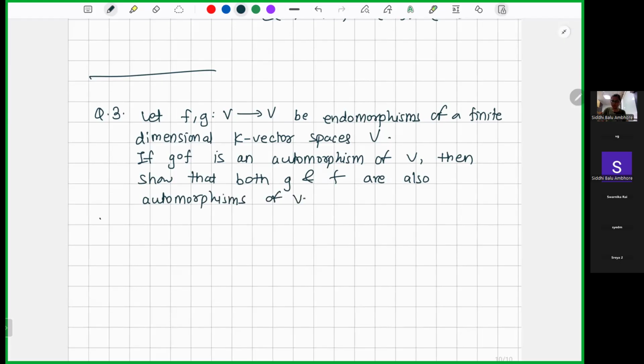The difference between automorphism and endomorphism: an endomorphism is just some map from V to V, a linear map.